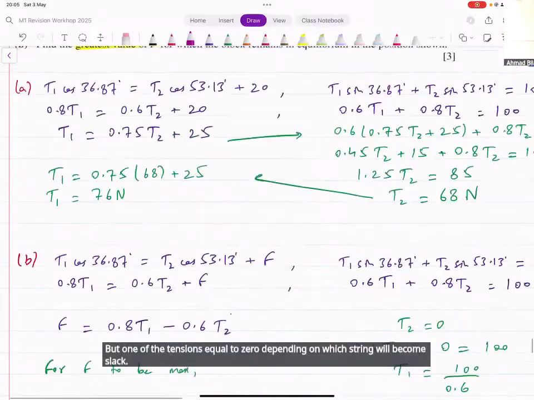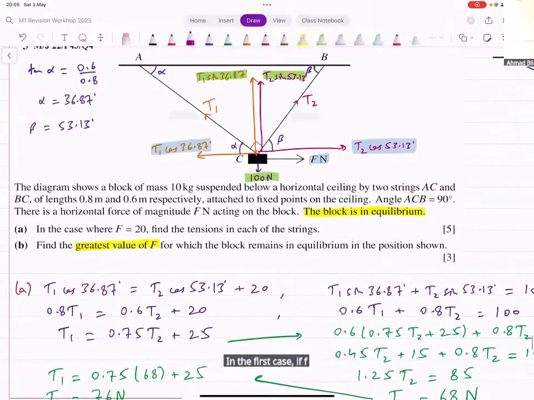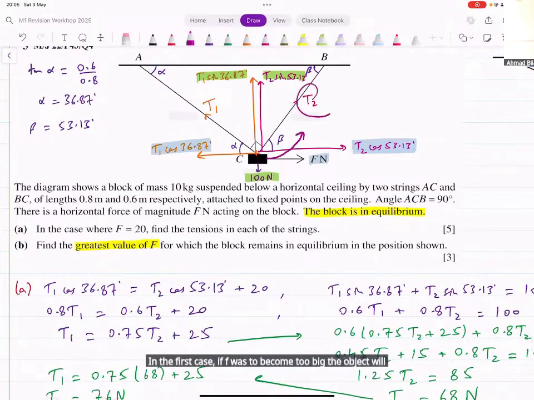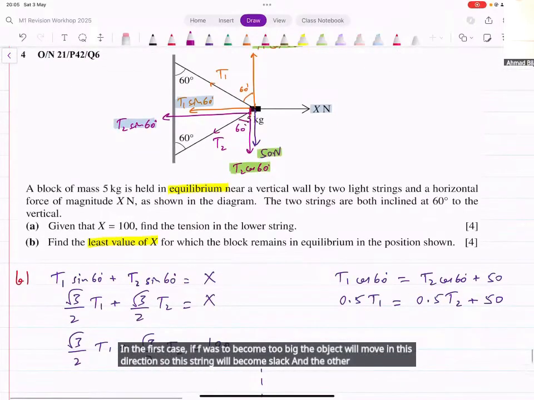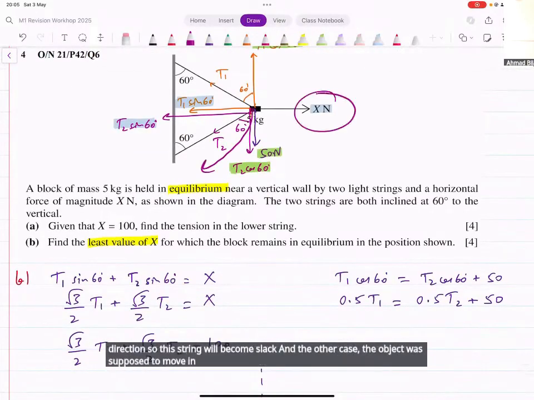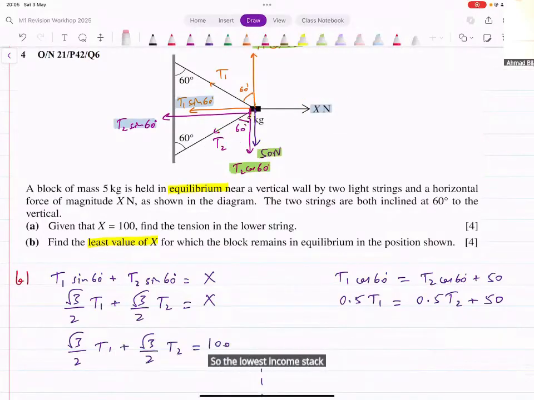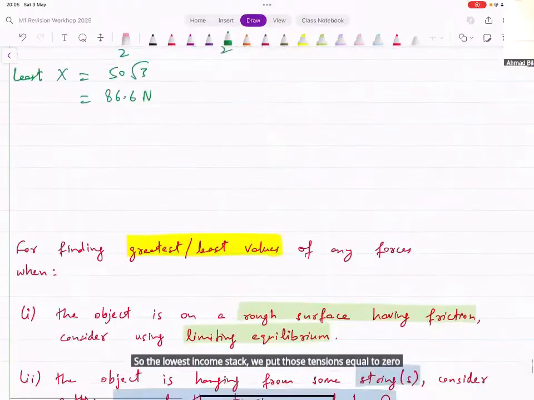When you have a rough surface and limiting equilibrium, you consider limiting equilibrium. In the first case, if F was to become too big, the object will move in this direction, so this string will become slack. In the other case, if X becomes very small, the object was supposed to move in this direction, so the lower string will become slack. We put those tensions equal to 0, and that gives us the result.